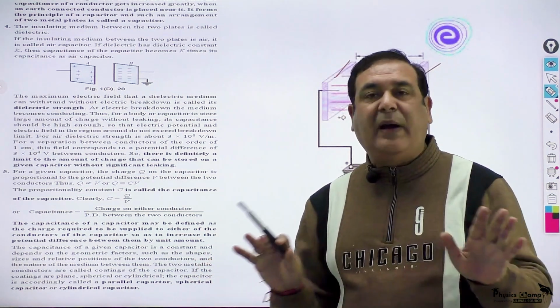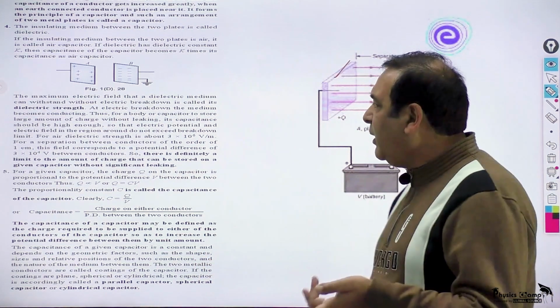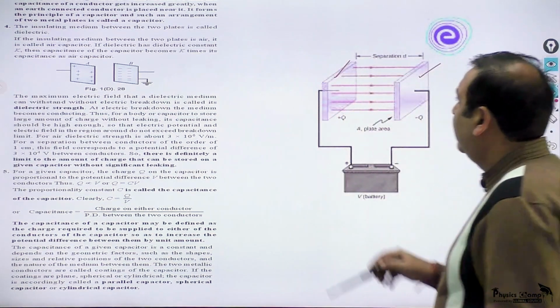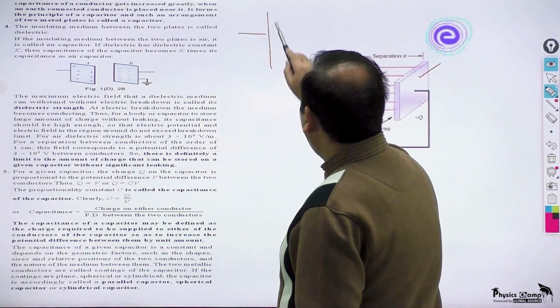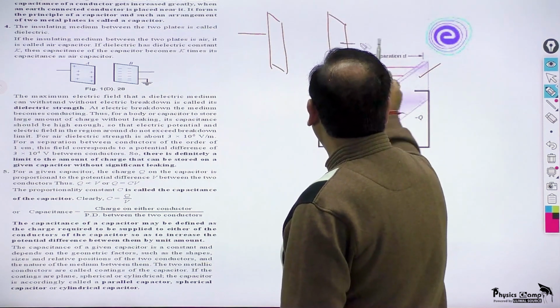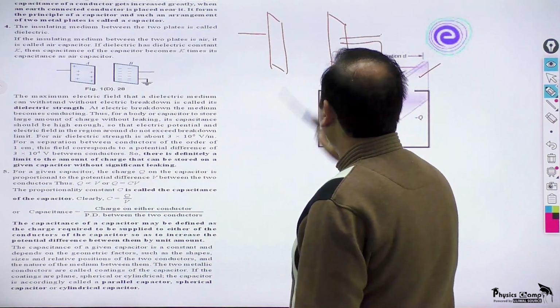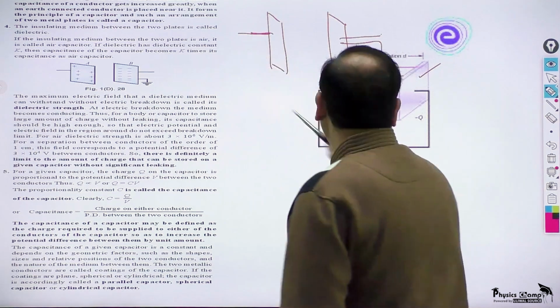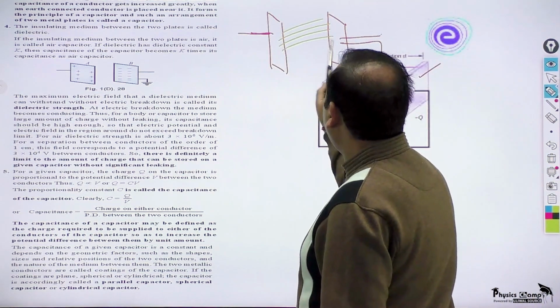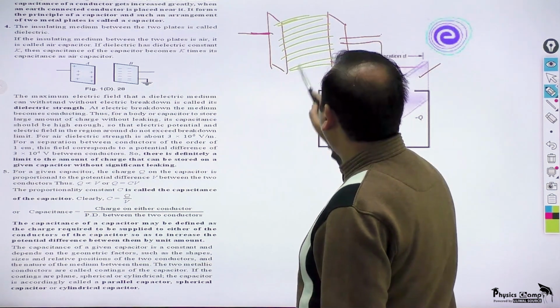We call them a parallel plate capacitor. But in order to further increase its capacitance, the idea is clear to us now. In order to increase its capacitance further, the space between them is filled with a dielectric of constant K.